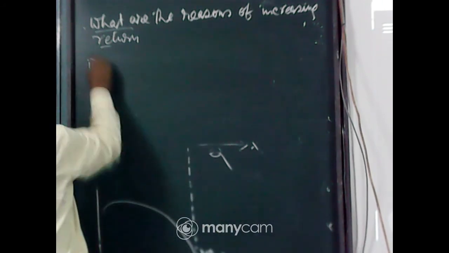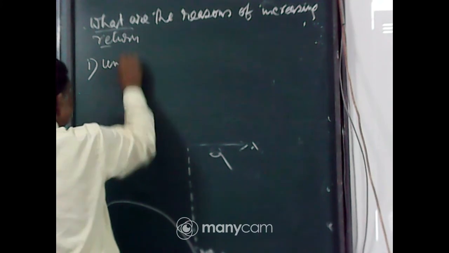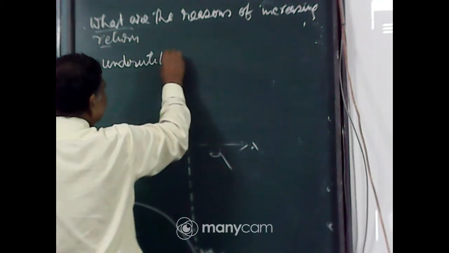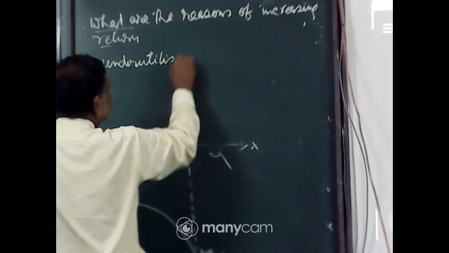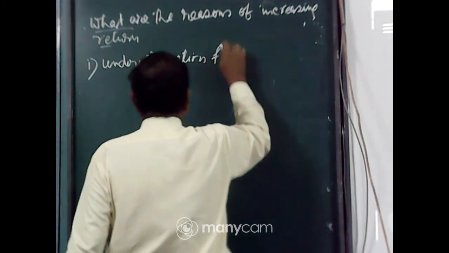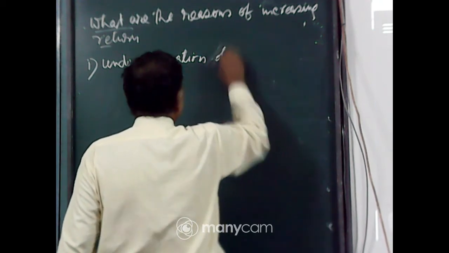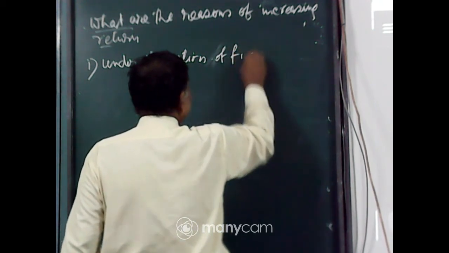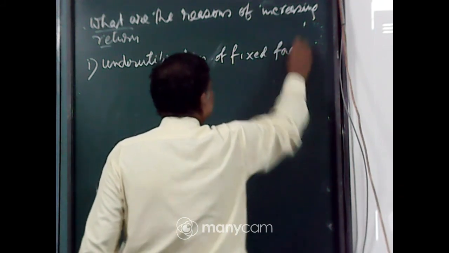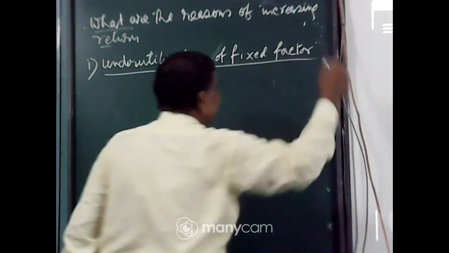Number 1, underutilization of fixed factor. What do you mean by this? Underutilization of fixed factor. What do you mean by this?